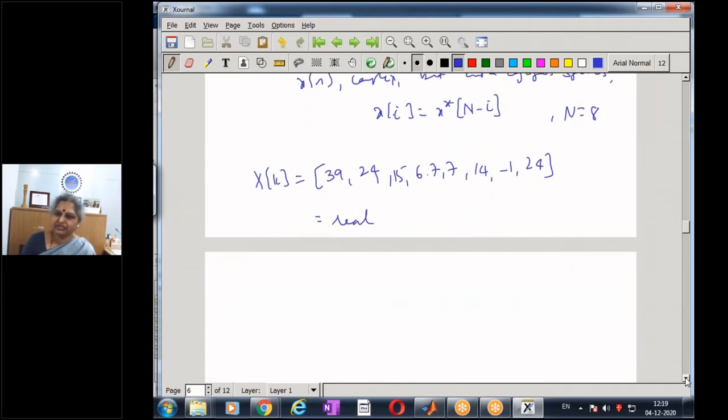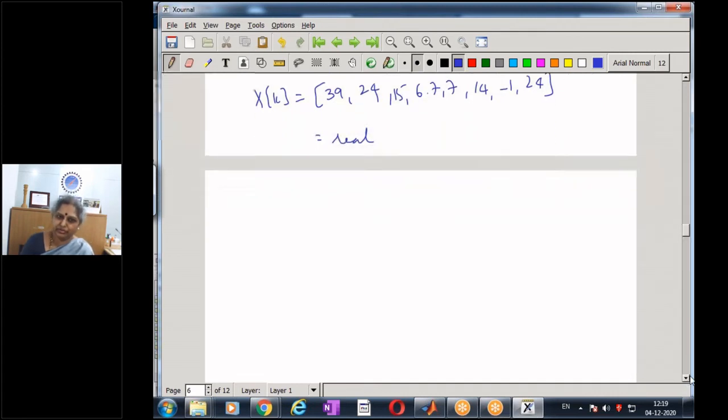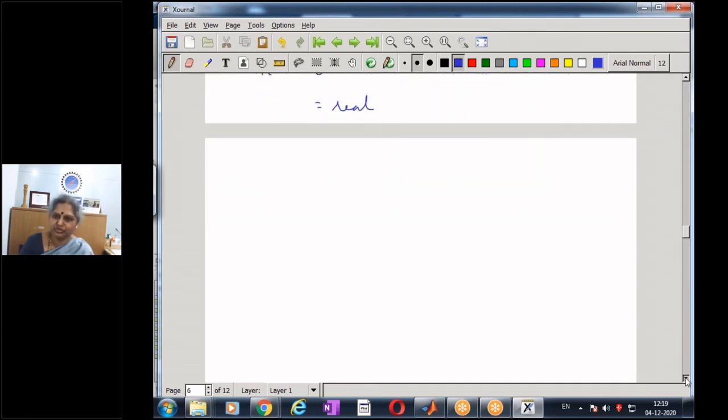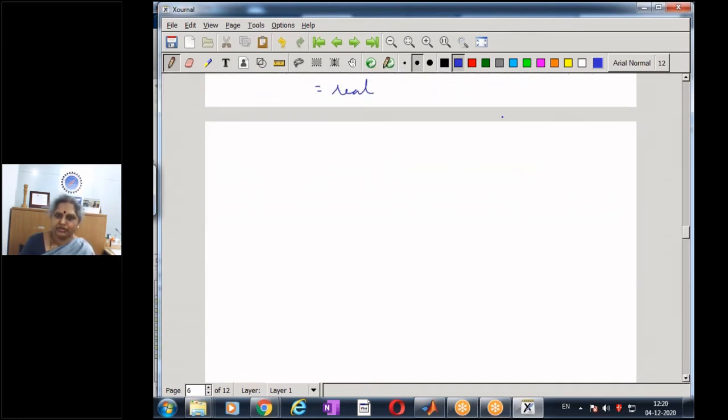So now, having seen these examples on complex conjugate symmetry, let's move to the next property of the discrete Fourier transform, the third property, and this we shall take up as the convolution sum, evaluating convolution using DFT.